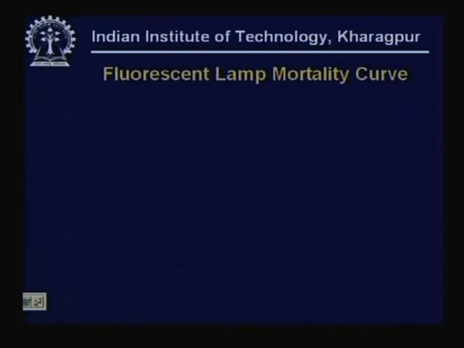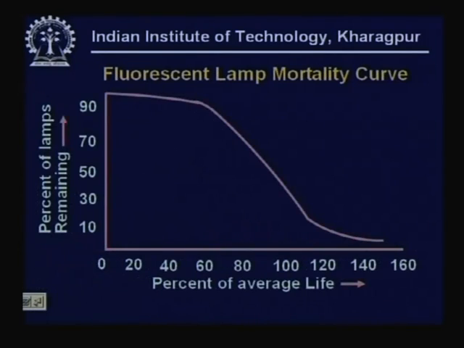The other issue which comes is how many of them really have this. If we start with, as you can see, 80% average life is maintained by close to about 75 to 80% of the initial units that are developed.